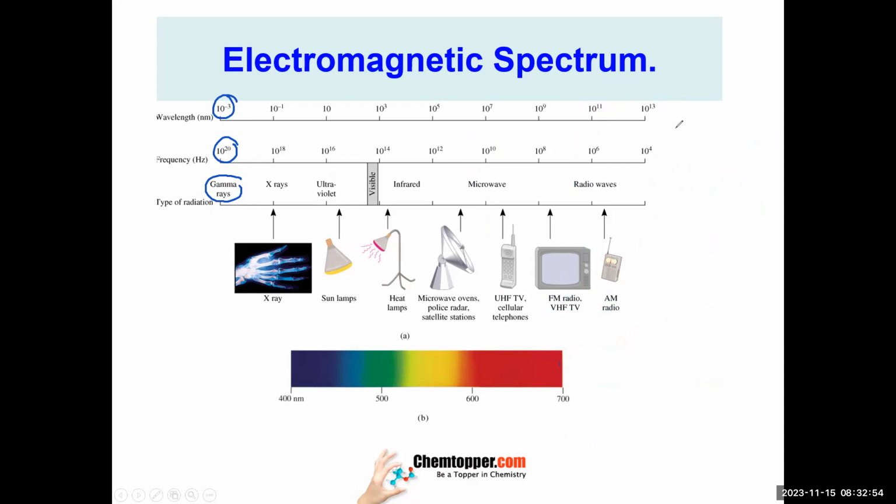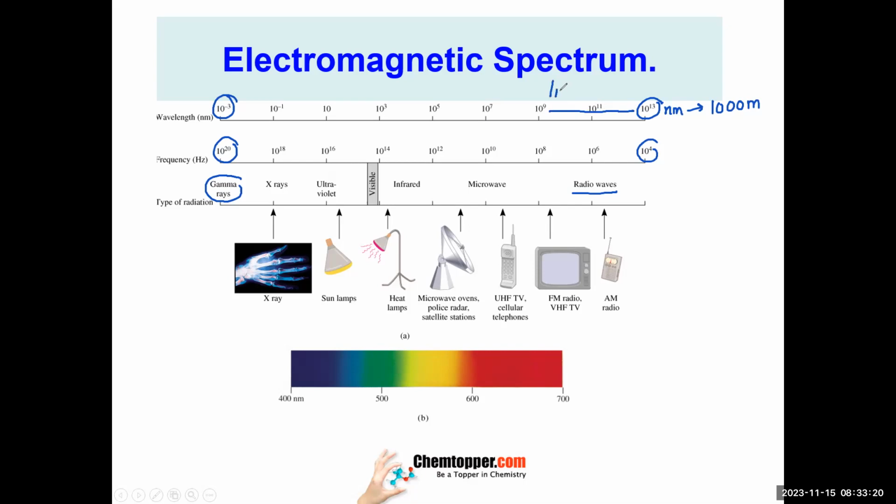And which one has the lowest energy? Radio waves, with the lowest frequency but the highest wavelength. If you convert this into nanometers, it is 1000 meters. It's quite big, right? Radio waves start from here to here.